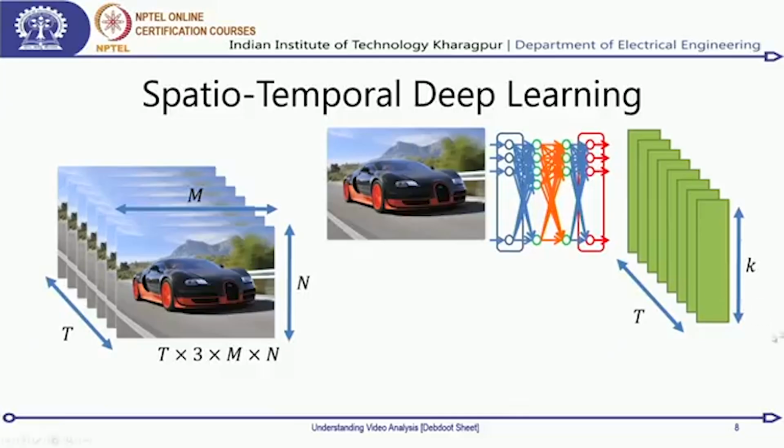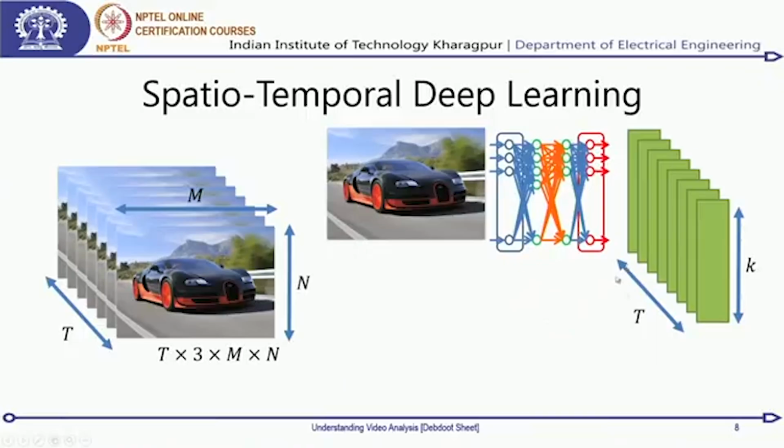You have it linearized, and then there may be some extra connections given. Depending on the network, you can have 4096 neurons, 512 neurons, 1024 neurons, any of these numbers of neurons. But each tensor corresponds to one frame. So technically this whole thing becomes a T cross K size tensor, where T is the dimension of the time length.